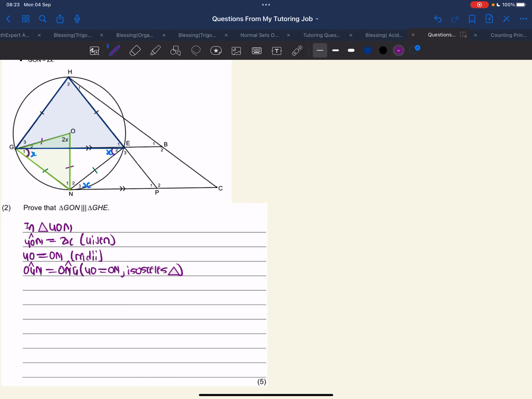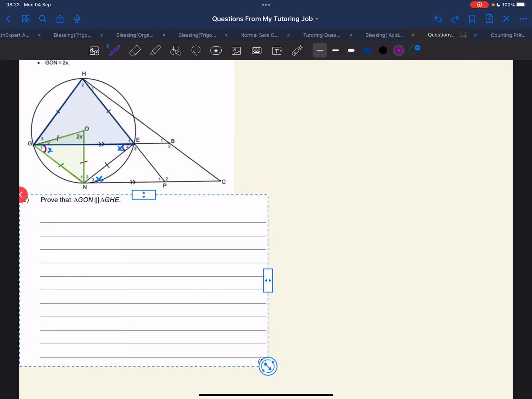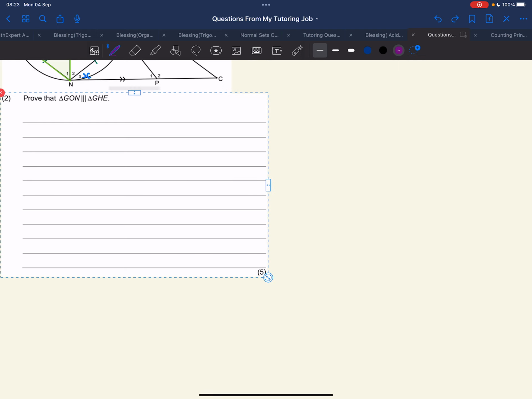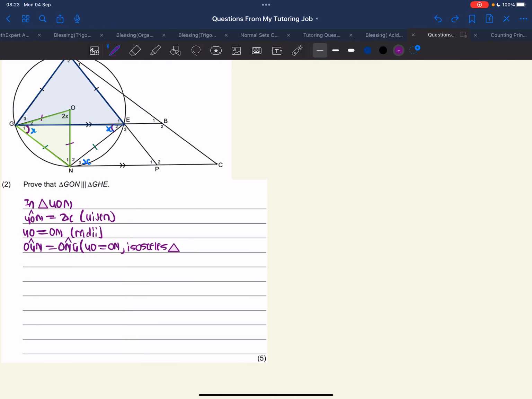So to find those two angles, I'm going to say that 2 times angle OGN is equal to 180 degrees minus angle GON, interior angles of a triangle.